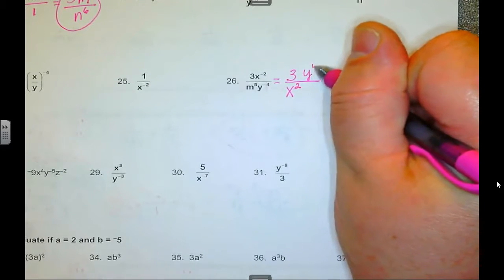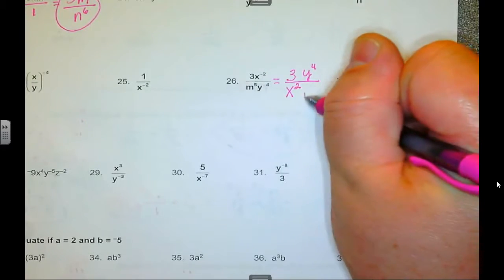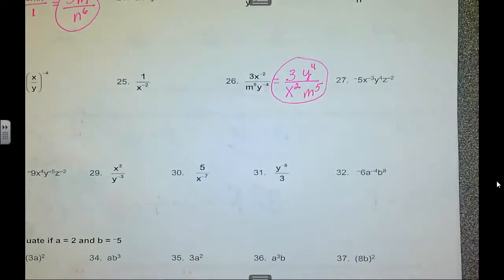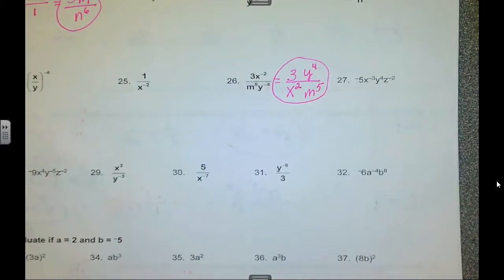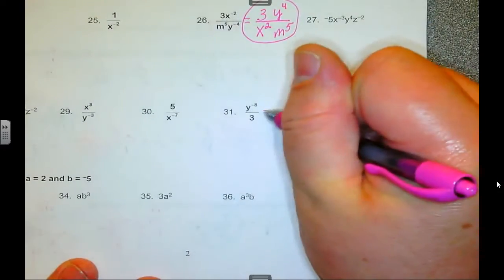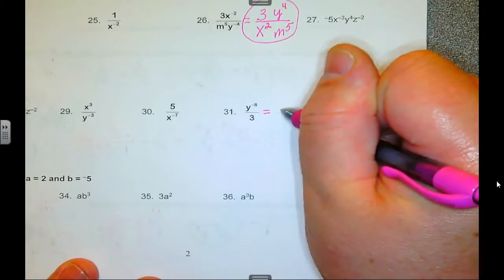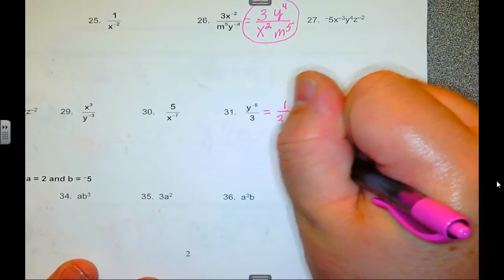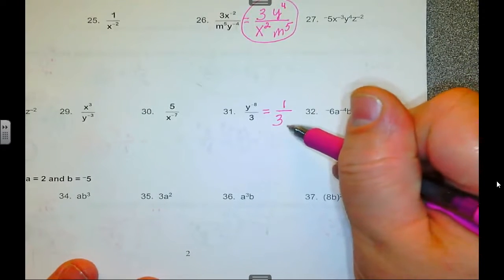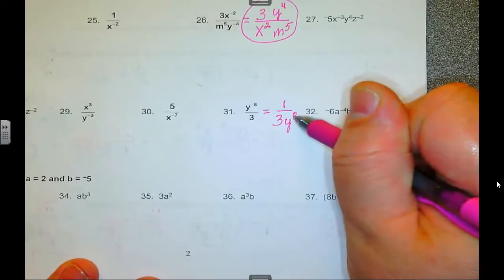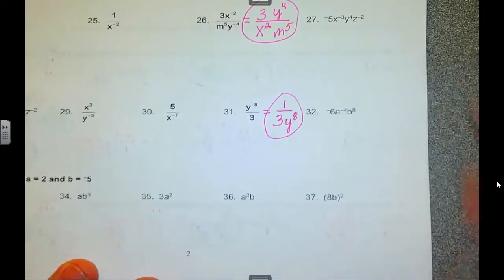Y is going to go on top, and m to the 5th stays. Jillian, how about 31? Good. What goes in the bottom? What else? Y positive 8. Good. Good, Jillian.